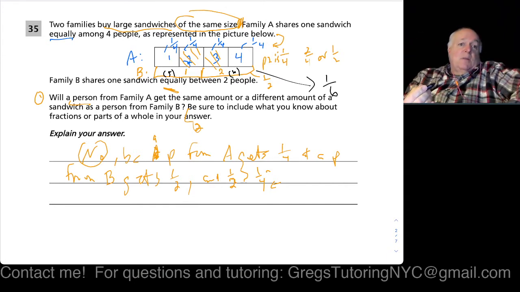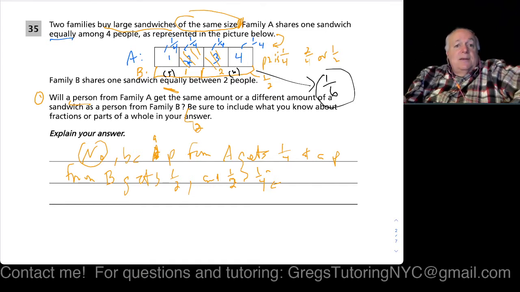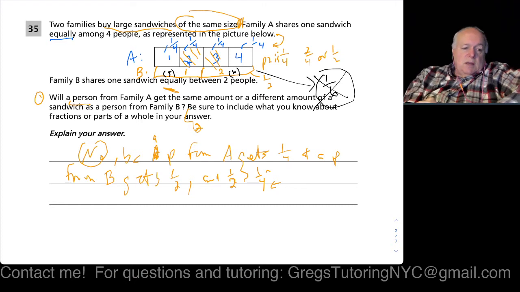And they would be unequal parts at that point, because parts number 5 and 6 are not the same sizes as parts 1, 2, 3, 4. So some kids just assume that they all get a 6th. That's true, but that's a different question. Okay? That's a totally different question. So we can't go by a 6th there. The parts are unequal parts, so we can't go by that.